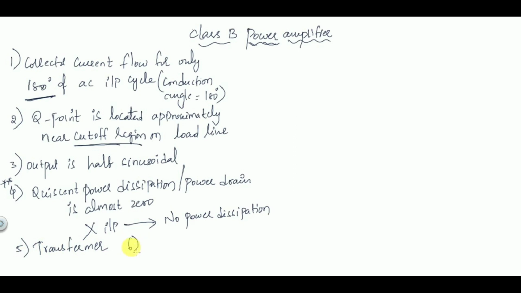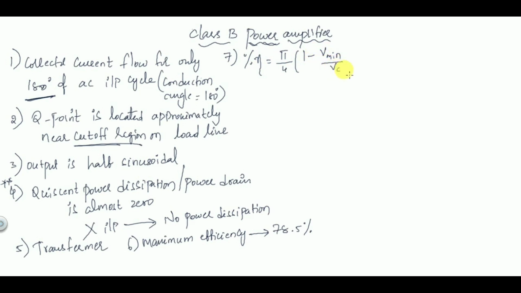Right, so sixth point which you have to remember is maximum efficiency. So maximum efficiency of class B power amplifier is 78.5%. And if you want to find the efficiency, the formula is given by efficiency is equal to pi by 4 into 1 minus V min divided by VCC into 100%.